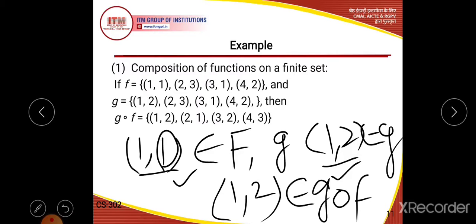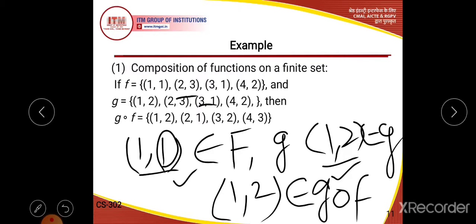Similarly, next, (2,3) belongs to F and (3,1) belongs to G, and you can see we get the ordered pair (2,1).